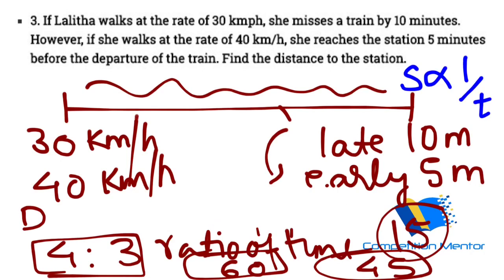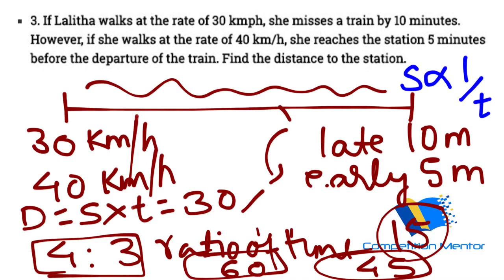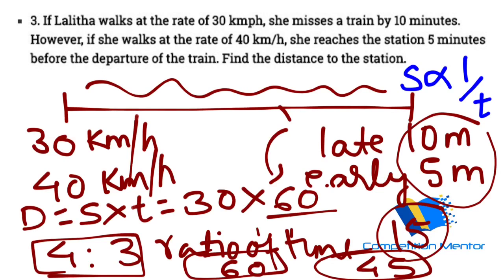So d equals s into t, right? Speed is 30 kilometer per hour, and at 30 kilometer per hour you're getting 60 minutes. Because that was in minutes, you do 60 by 60 to convert into hours, so you get 30 kilometer as the distance.